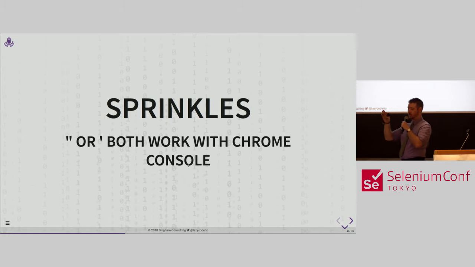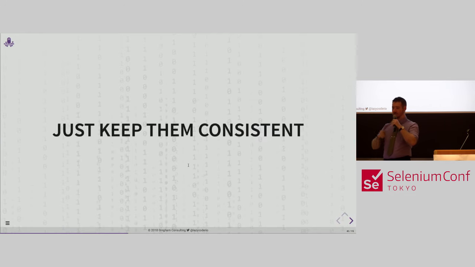Well, first off, the double quote or single quote works. With JavaScript, typically you do single quotes for strings. The Chrome console allows you to use the double quotes. This is the important bit. So long as you keep them consistent, you can copy and paste it. So if you use the double quotes in the Chrome console, you can then just copy it and literally paste it into whatever IDE you're using.